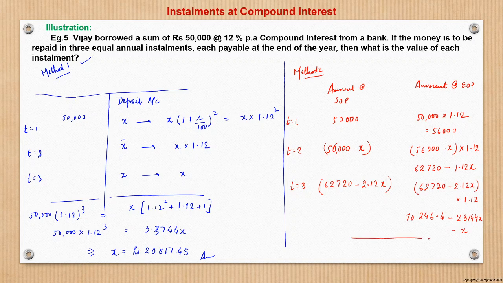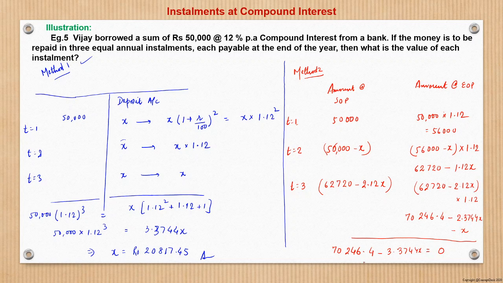So finally what can we say, that 70,246.4 minus 3.3744x. 2.3744x is there, and a further deposit of x amount of installment at the end of the third period will bring the final outstanding amount to 3.3744x reduced, and this should be zero, because after payment of the final installment, there should not be any amount due.